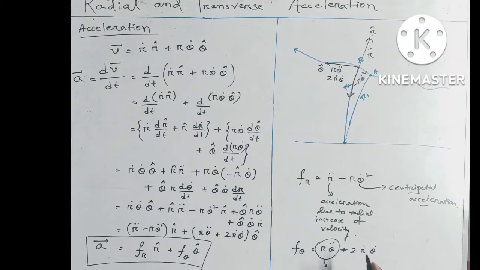That is, when the particle is moving in a circular or curved path, then there is some acceleration towards the tangential direction. If this is velocity v, then its acceleration will be along the tangential direction.